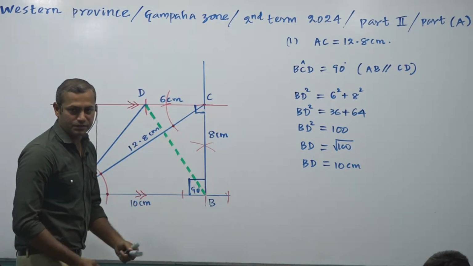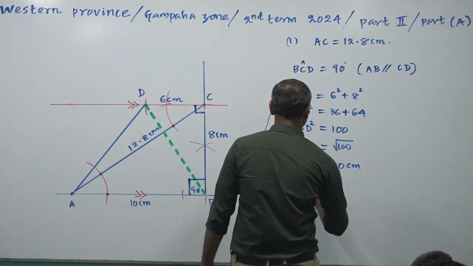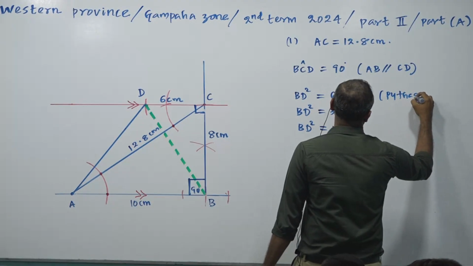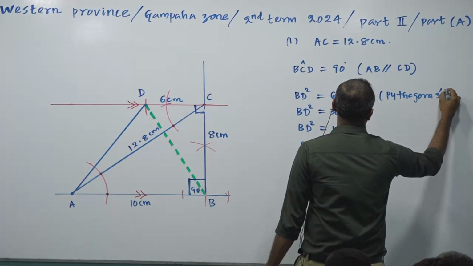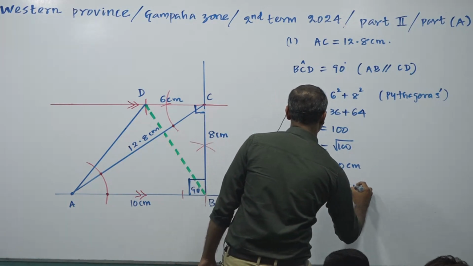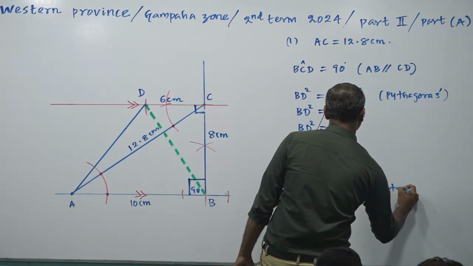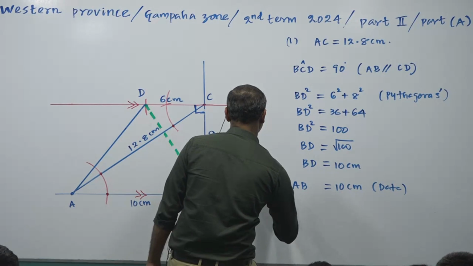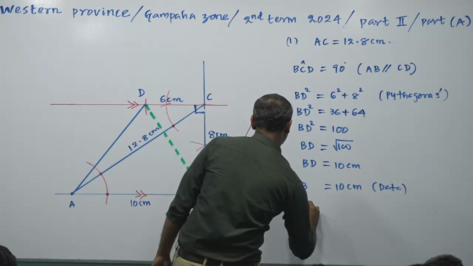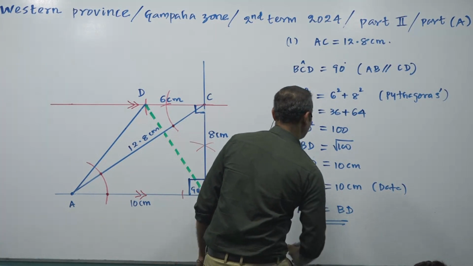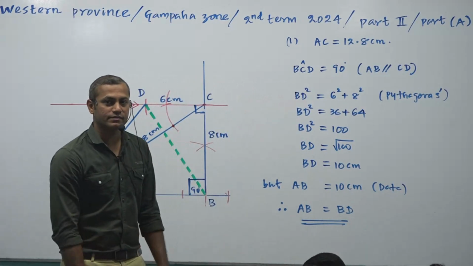AB equals 10 centimeter. Pythagoras theorem gives BD as 10, but AB equals 10 centimeter, that is given in the data. Therefore, AB equals BD.